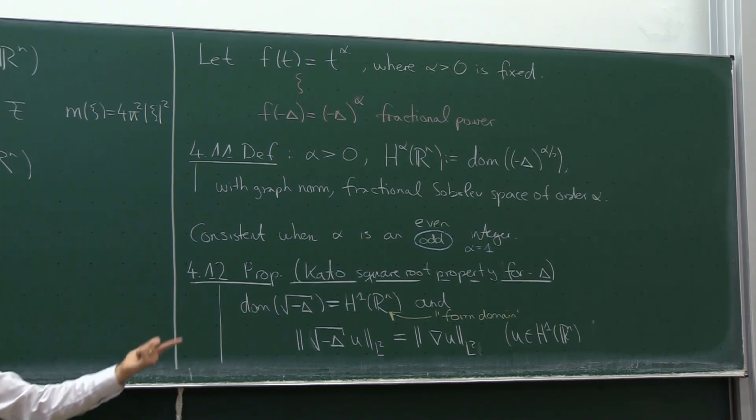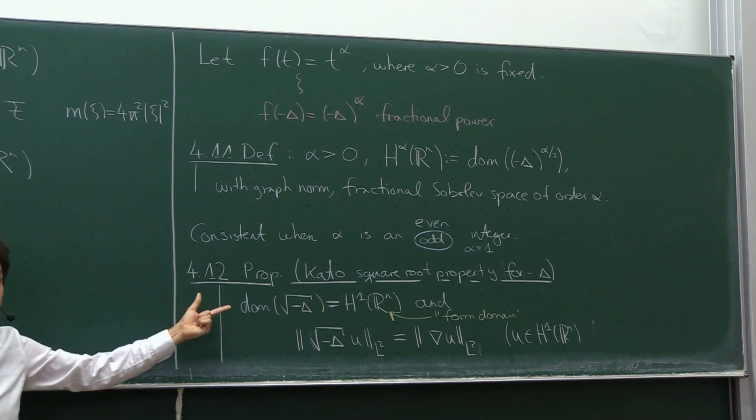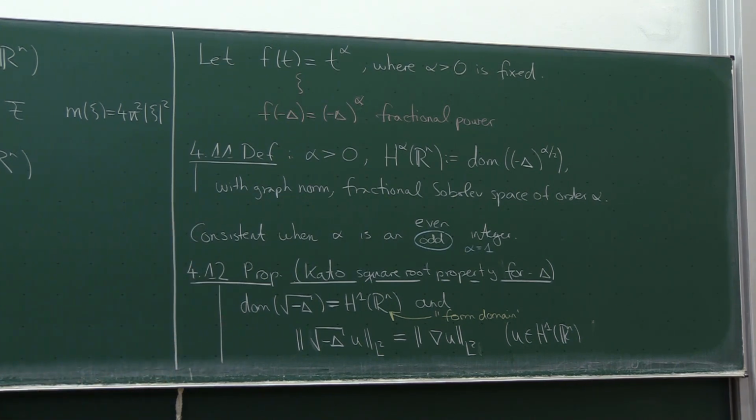And you're going to see later on that this Kato property persists through going to more and more general operators. Here it's rather clear, but it's the first time we see it, and we see that the form domain naturally reappears within the scale of fractional power domains, which, if I hadn't explained it like this, was probably surprising. Okay?